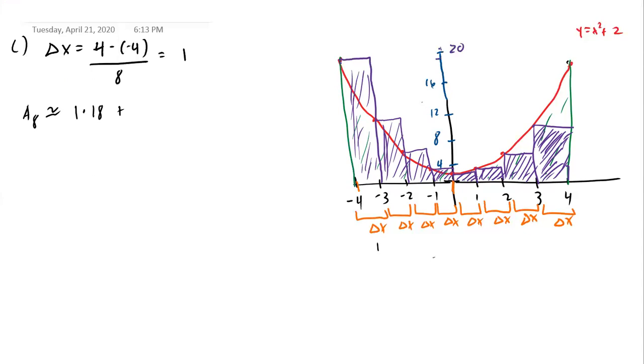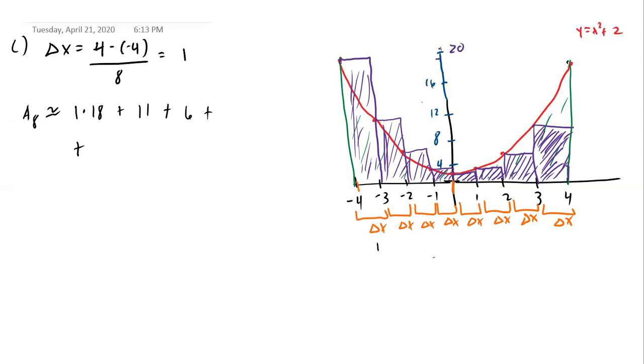Right? The next height is the function value at -3, that's 11, plus the function value at -2, that's 6, plus the function value at 0, that's 2, plus the function value at, where am I at? Wait, so -4, -3, -2. Oh, sorry, I forgot -1.